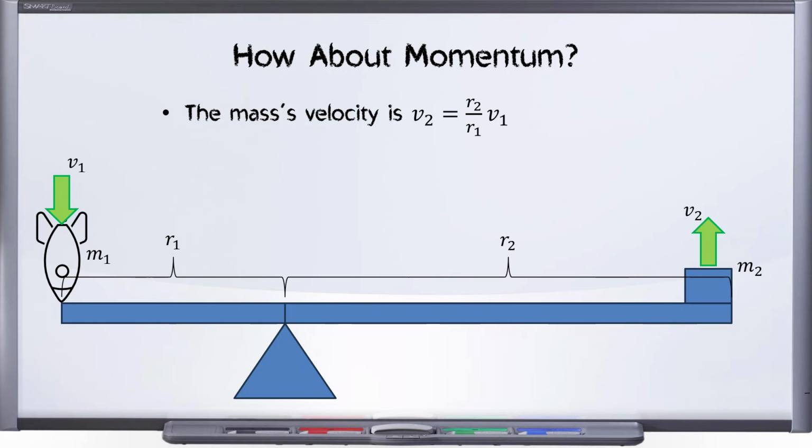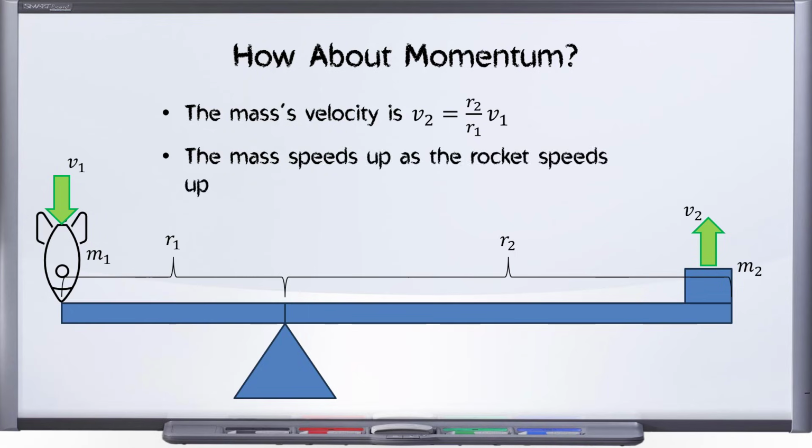Consider the equation that we've been working with. Because we assumed this bar was perfectly rigid, that gave us this equation. And this equation holds at any velocity. What does that mean? It means as the rocket's velocity, v1, increases, the v2 also increases.